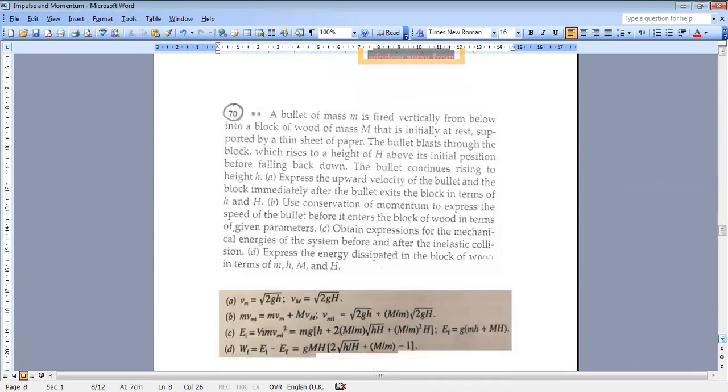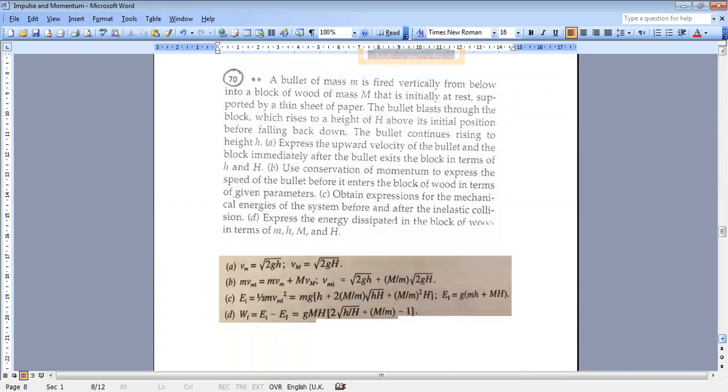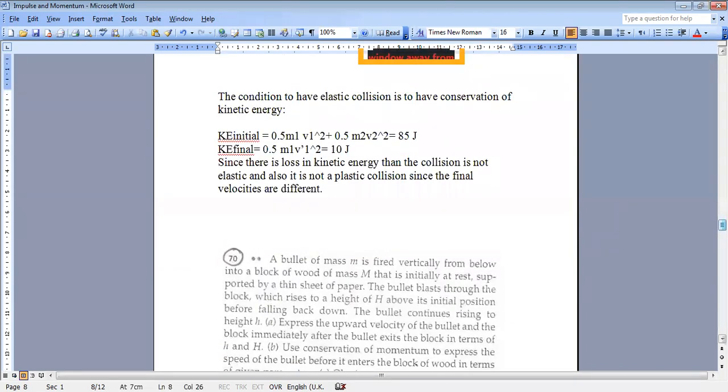Another problem. In case they ask what is the energy lost here, we compute the delta kinetic energy.